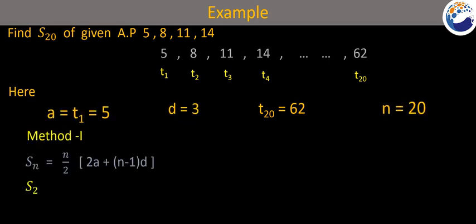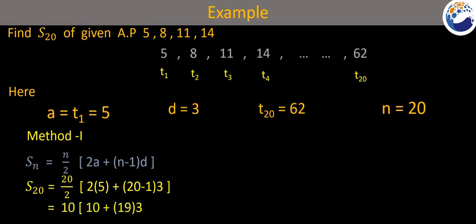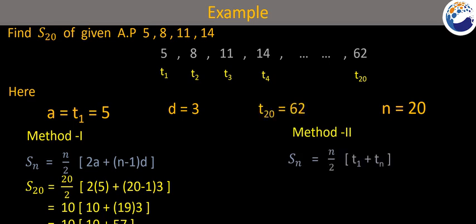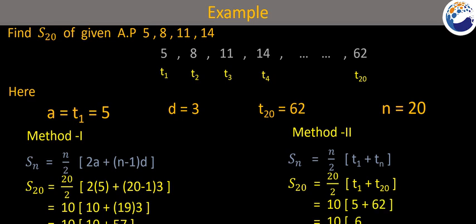S20 is equal to 20 upon 2 into 5 plus 20 minus 1 into 3, is equal to 10 into 10 plus 19 into 3, is equal to 10 into 10 plus 57, is equal to 10 into 67, is equal to 670. Method 2. S20 is equal to 20 upon 2 into 5 plus 62, is equal to 10 into 67, is equal to 670.